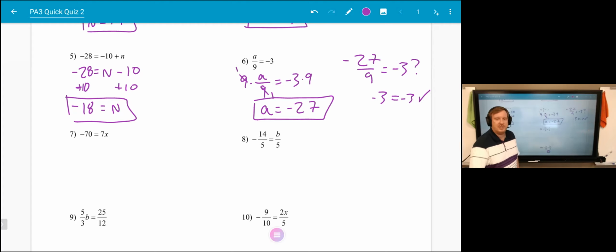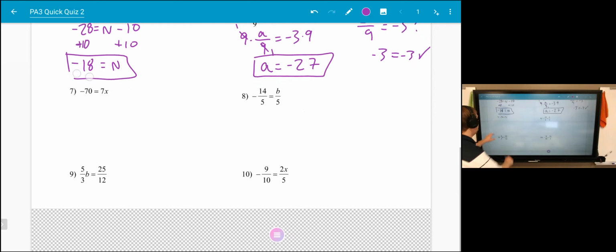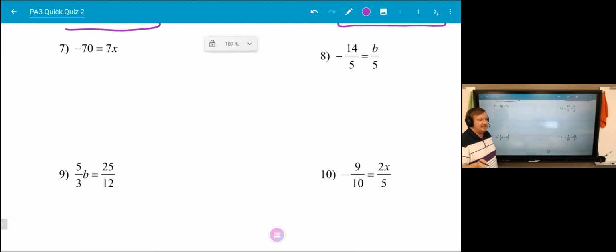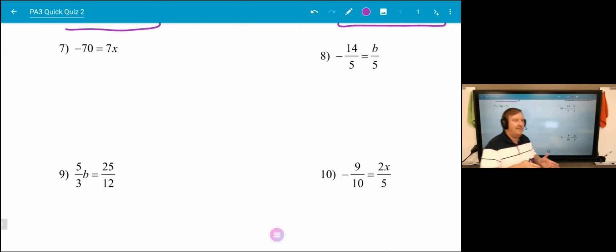You can always check your work in PA3. -70 equals 7x. Well, x is the variable. When I've got a coefficient next to my variable, a number next to my letter, that indicates multiplication. What is the inverse or the opposite of multiplication, so you can undo it?